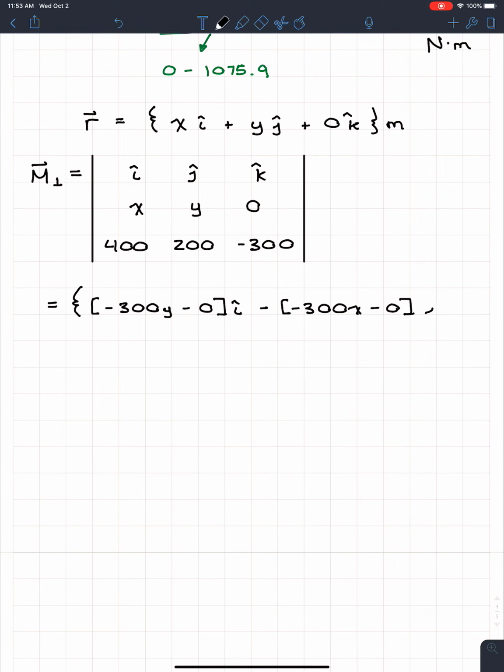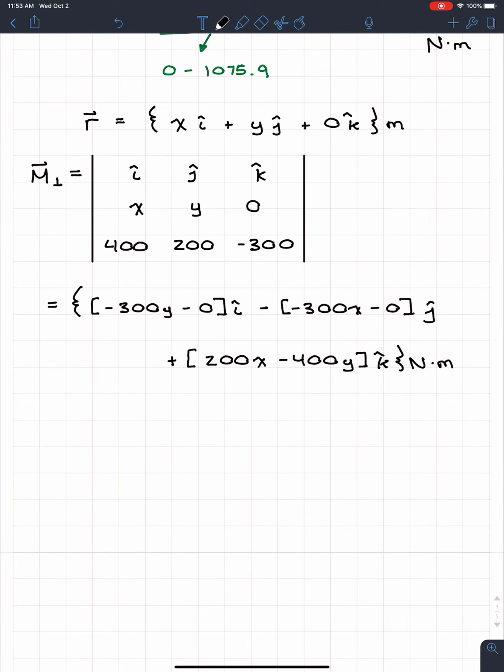We can finish it off with the k component, so plus, and this is the only one that gets a little bit longer: 200x minus 400y. And this has units of newton-meters because it's a moment.